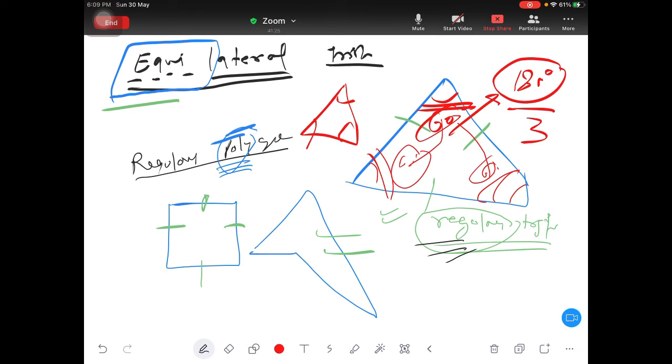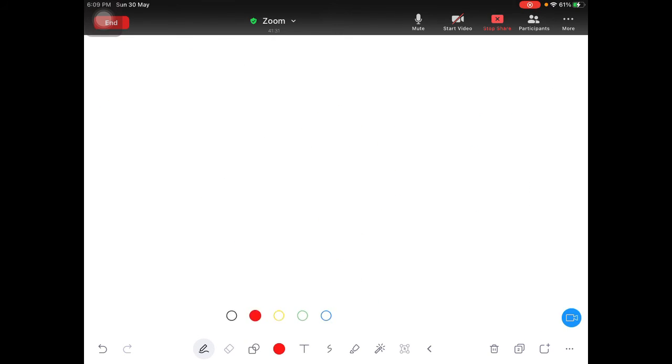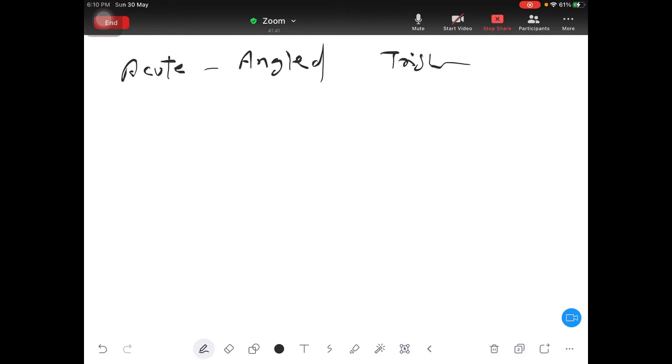Then there is something called an acute angled triangle. Acute angled, what does it mean?